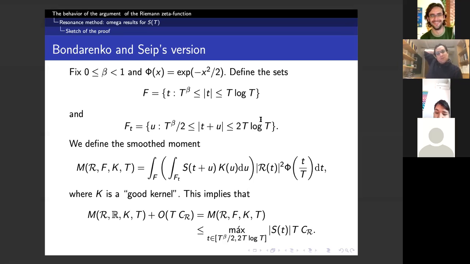Really, I don't know, because if you want to take an infimum, you need to construct another resonator such that you can obtain upper bounds for these certain smoothed moments.